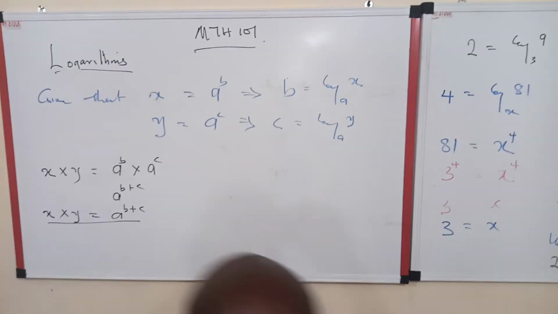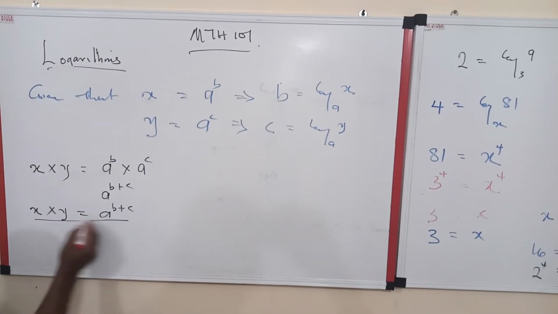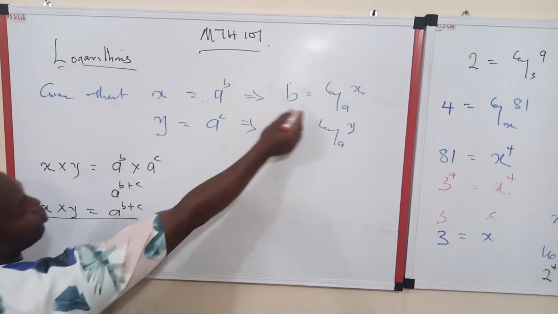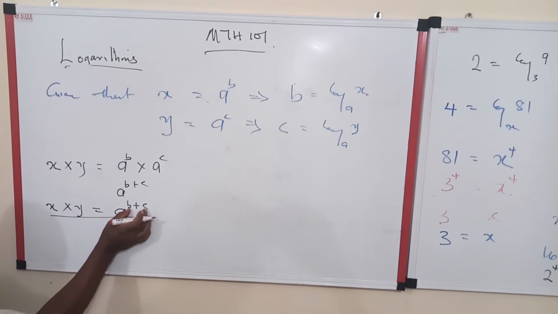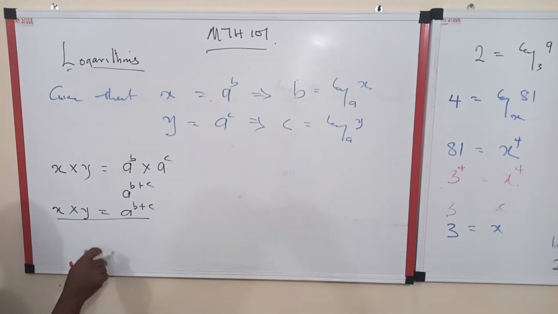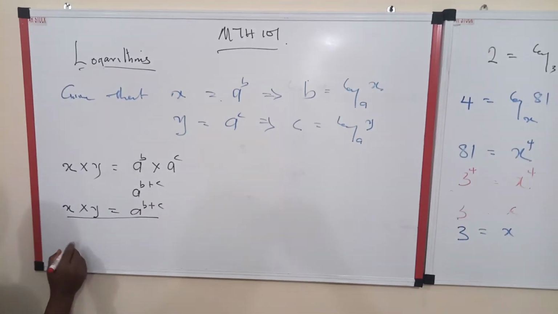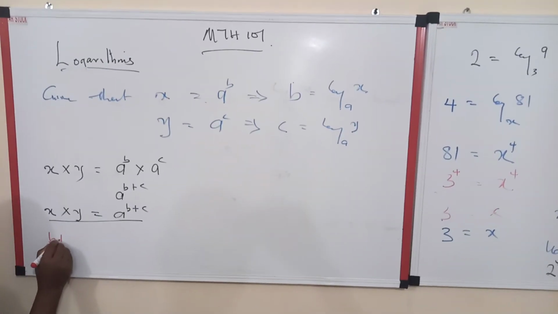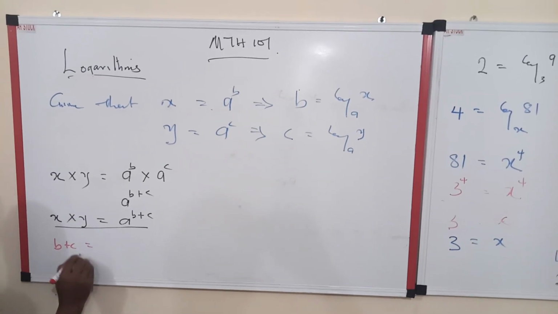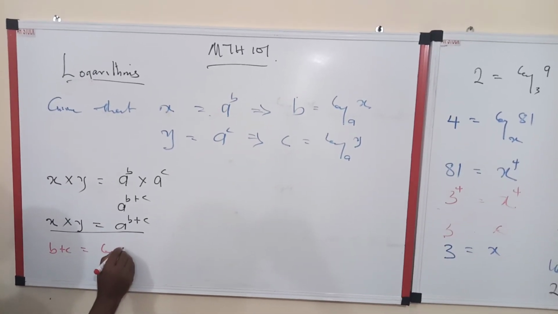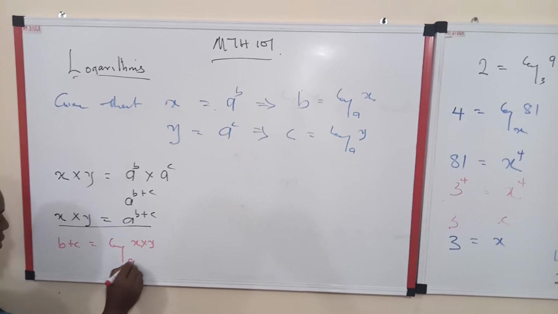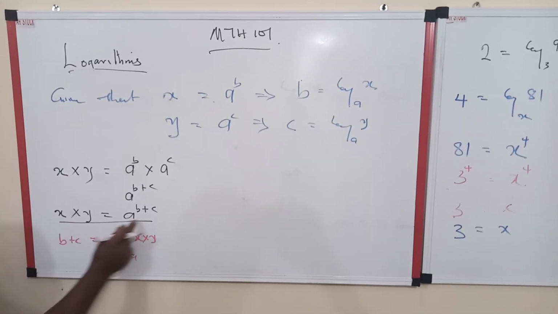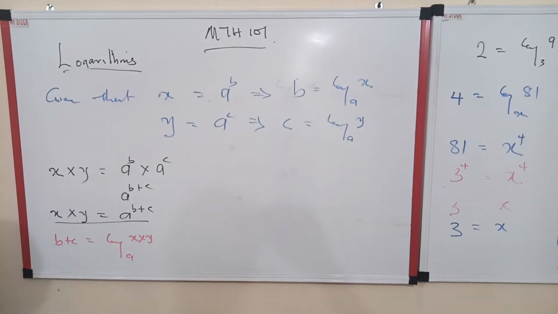If we want to rewrite this in terms of logarithm, as we have done there, we are saying this one, which is the power, is the logarithm of the number in base this. So we have B plus C is the logarithm of the number x times y in base A. So you can see that we have rewritten this one in terms of logarithm.